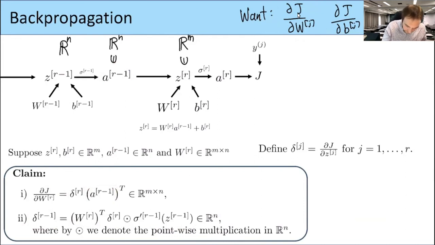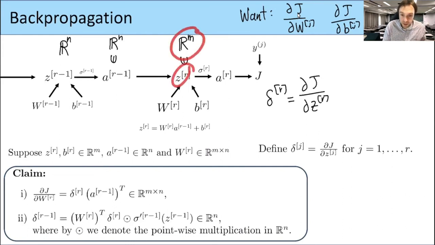what is this delta R in this case? So delta R is del J del z R. z R is in Rm, so delta R is also in Rm. But maybe let's make clear what this means. This is a cost function.